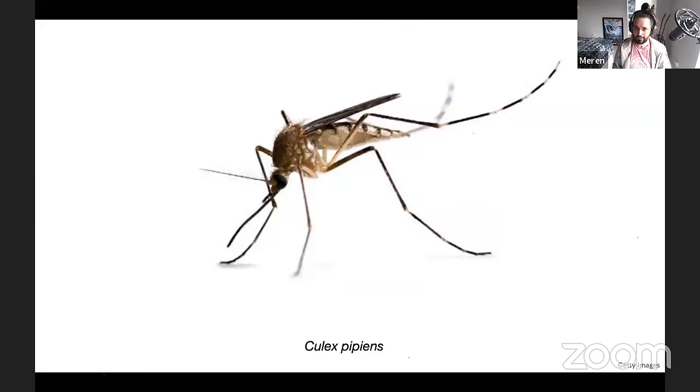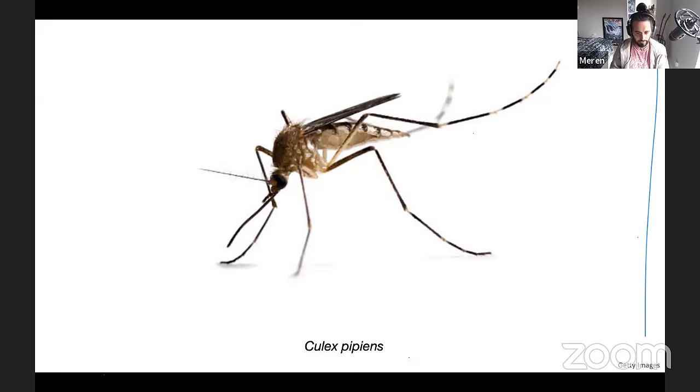This guy is one of the most effective vectors of some of the worst human diseases, including Zika and dengue. So the population size of these mosquitoes in a given habitat is directly correlated with the rate of infection among humans, because they are very effective vectors of these diseases.